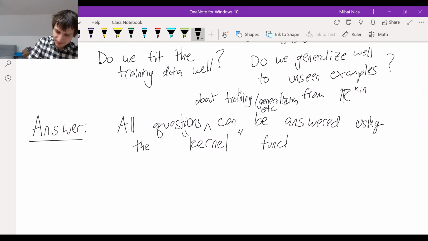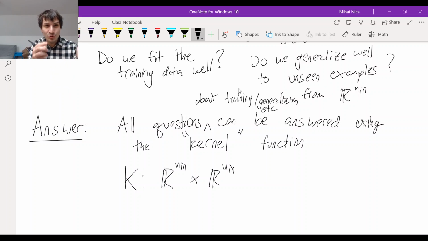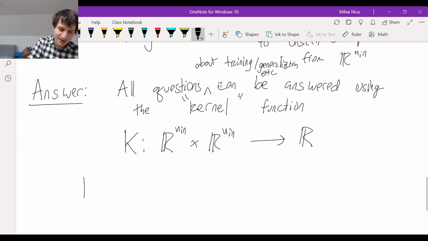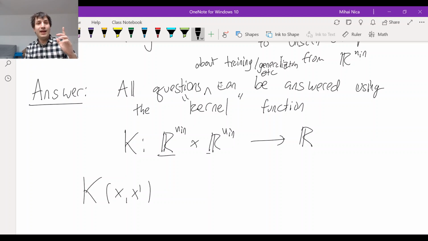So what is a kernel? A kernel is a function, and it has two inputs from the input space, and outputs a single number. So k of x, x prime, where x and x prime are things from the input space. And it's defined as follows.